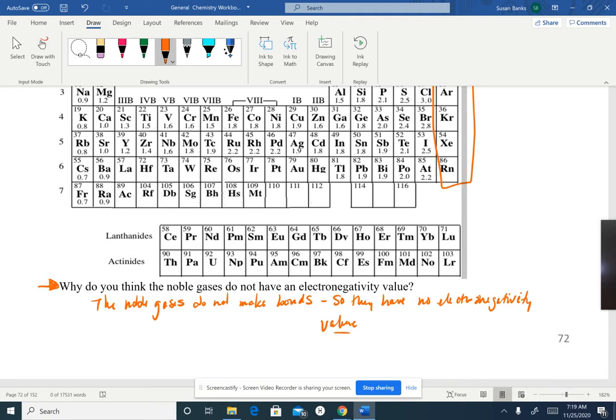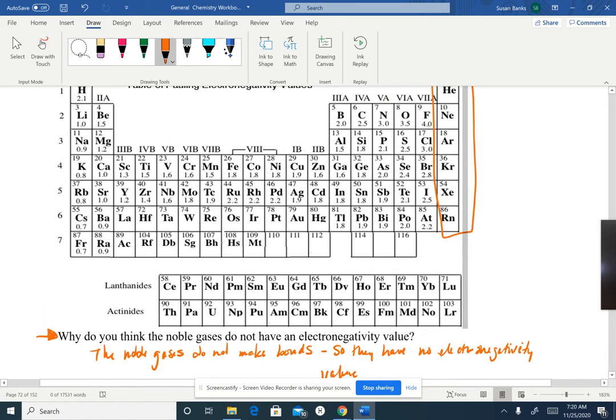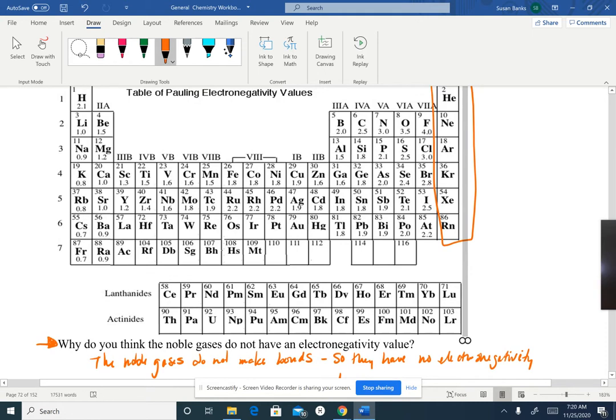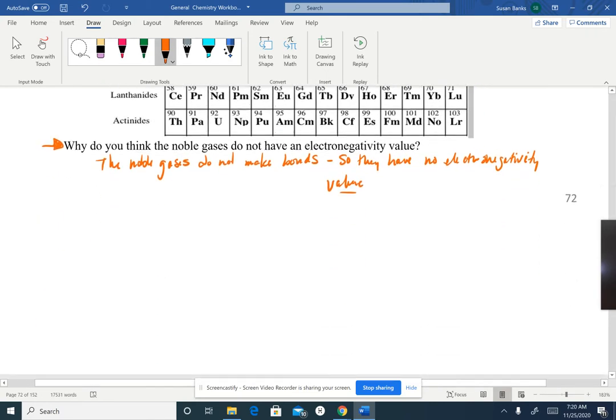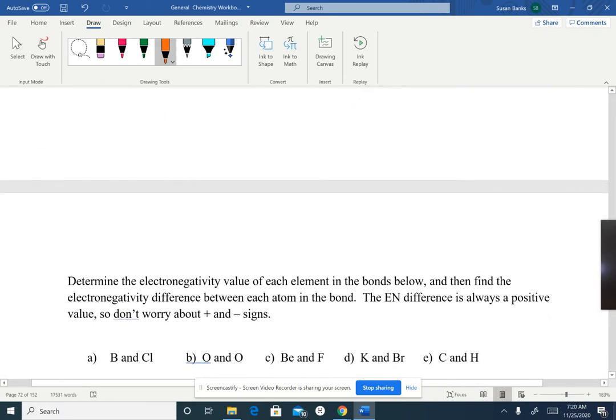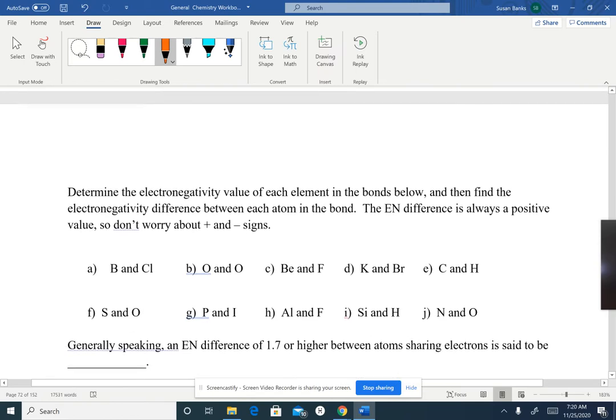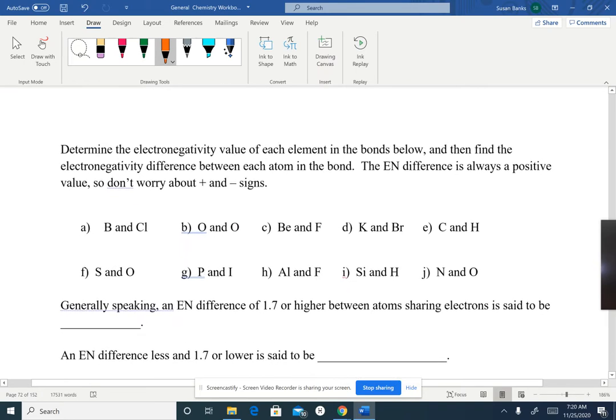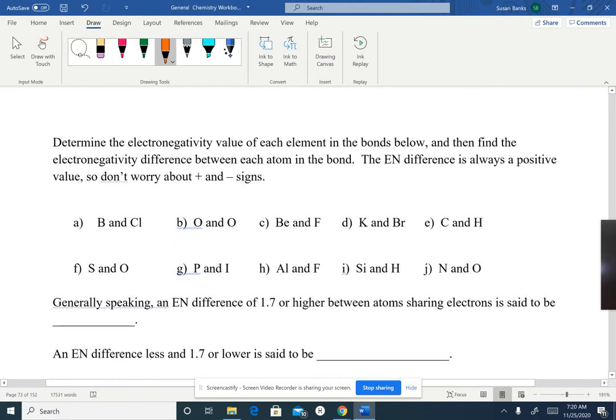Okay, so we're going to use this chart a lot, so you're going to want to keep this chart handy. I'm going to scroll back and forth. Now we're going to determine the electronegativity value for each element in the bonds below, and then we're going to find the difference. Mathematically, what does it mean when I want the difference?